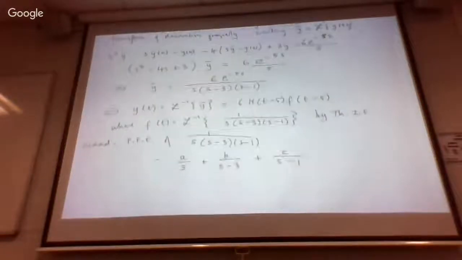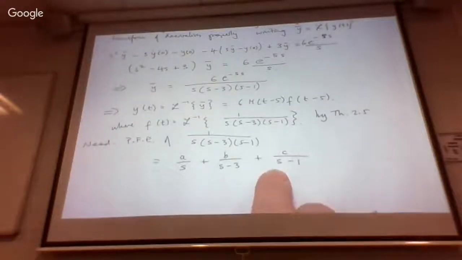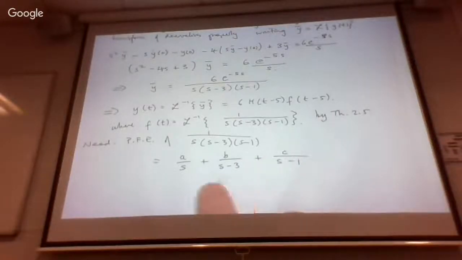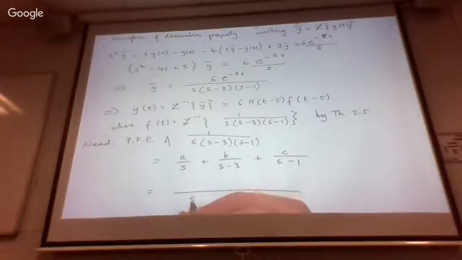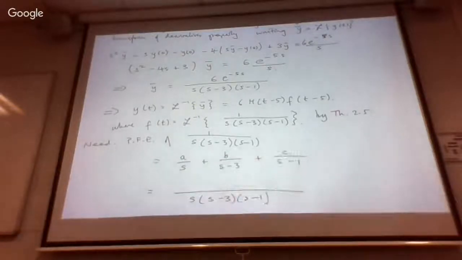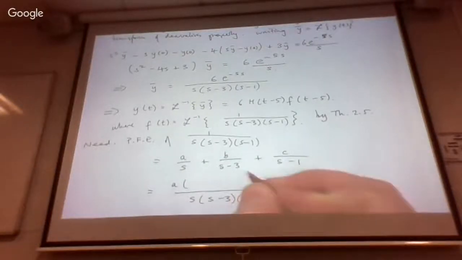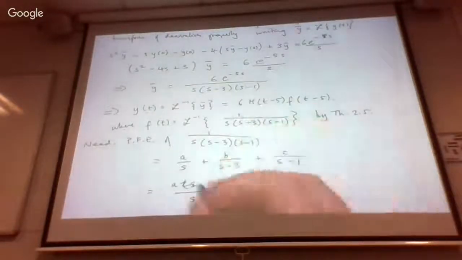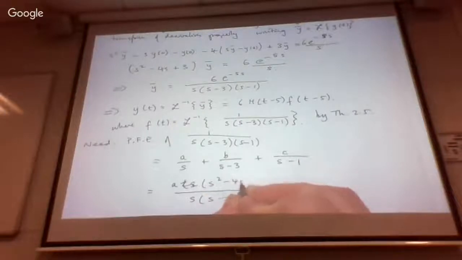I don't think I can do these three in my head. If it's two factors like that, I can usually do it in my head, but with three there could be fractions involved in the a's, b's, and c's. You might have a quick way of doing it, but I tend to just push it back together as a single rational function, keeping track of what's happening to the a, b, and c. So a is multiplying s minus 3 times s minus 1, which is s squared minus 4s plus 3.